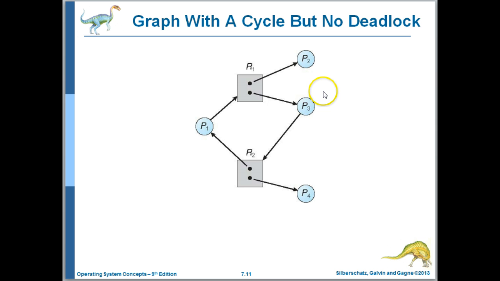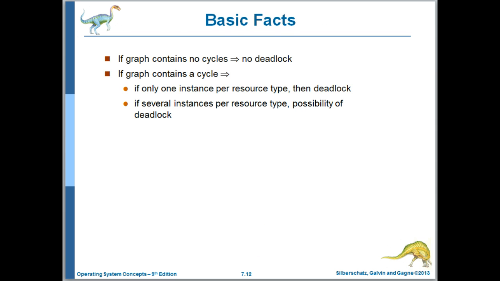But of course, if P2's next action is to request another instance of either resource, and P4 does the same thing, then we will have a deadlock.